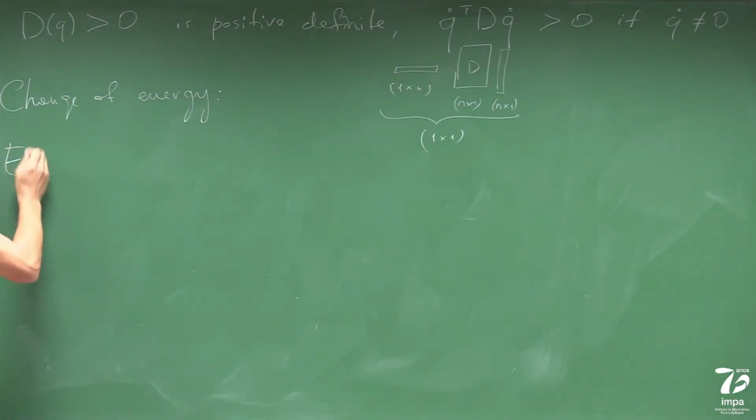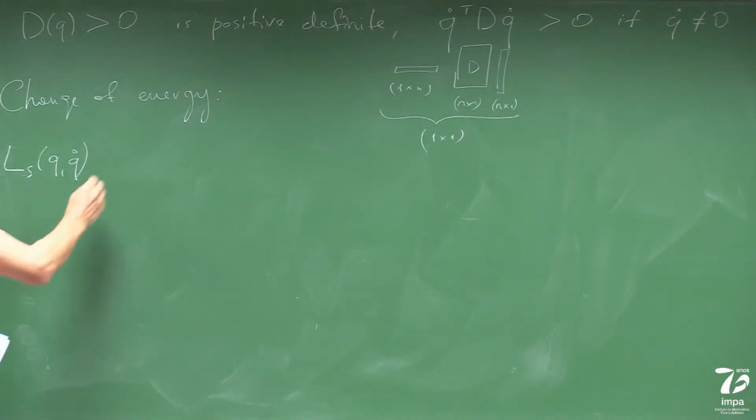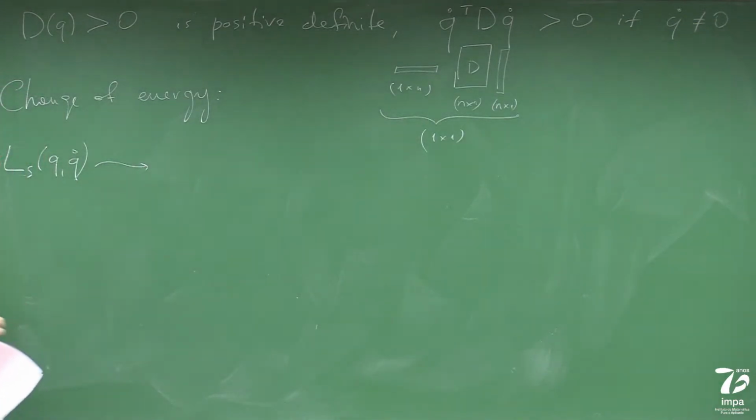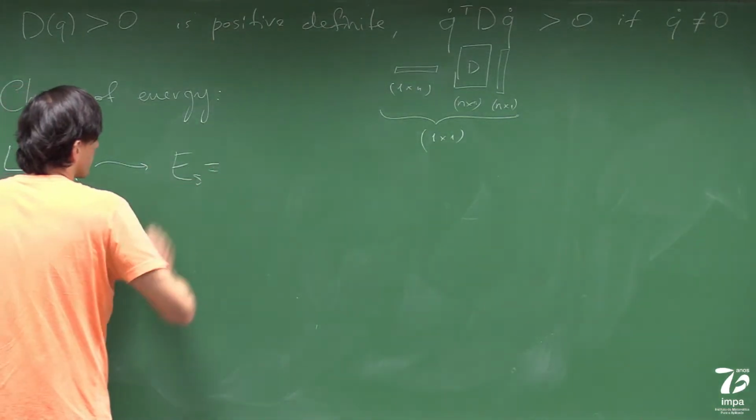Whenever you have a Lagrangian function of the system, you define the energy of the system. Actually, it will not be conserved anymore, but we will just use exactly the same formula for the energy that we usually define.